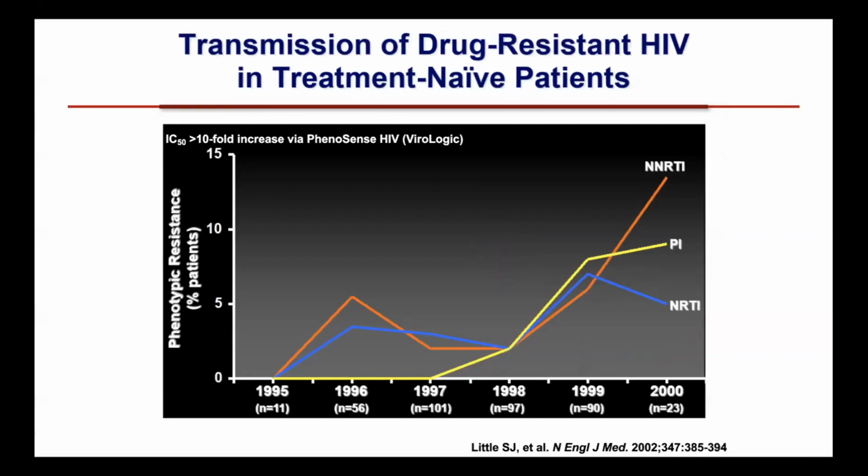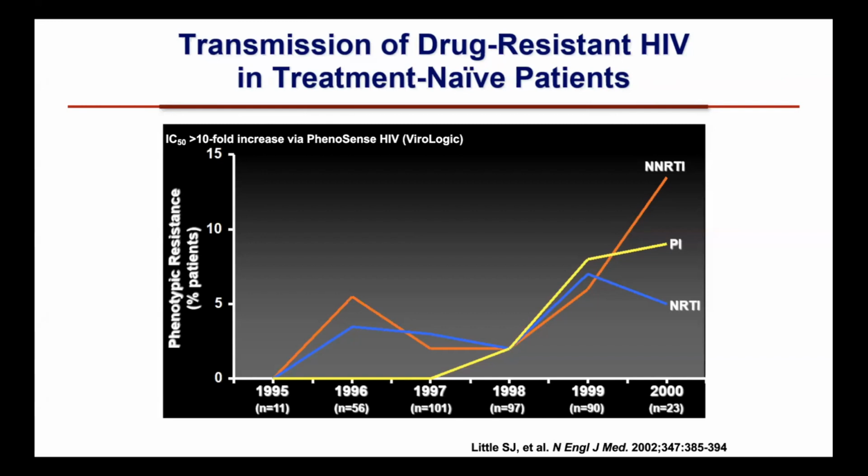And then Susan Little here in San Diego showed that in patients who presented within the first month or 2 of their infection, primary infection, who had not yet seen treatment, were progressively showing more and more transmitted drug resistance.